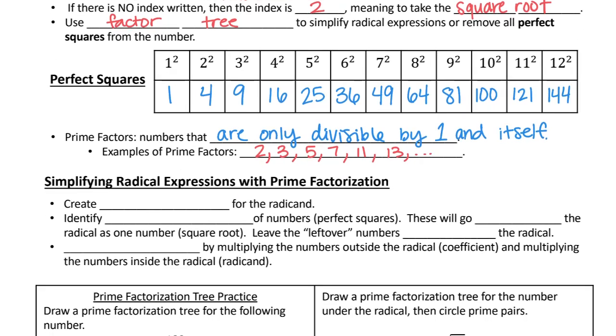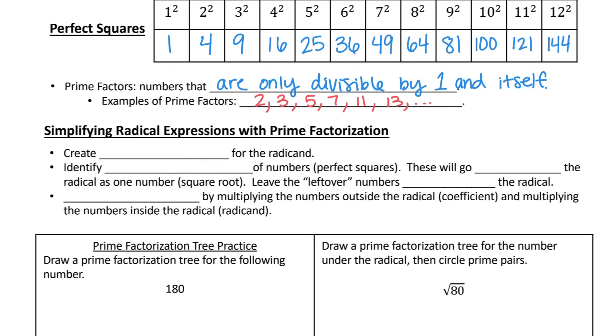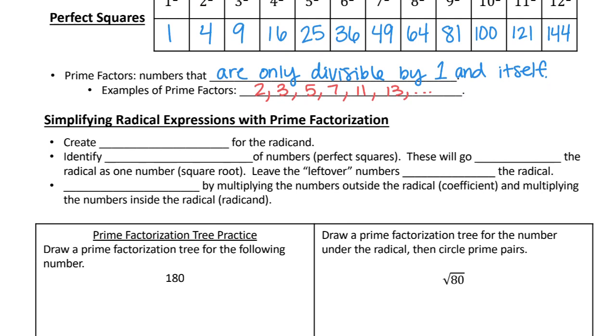Now let's look at actually simplifying radical expressions with prime factorization. This is where we look at a prime factor tree. We are going to create a factor tree for the radicand, and remember that the radicand is the number underneath the square root.